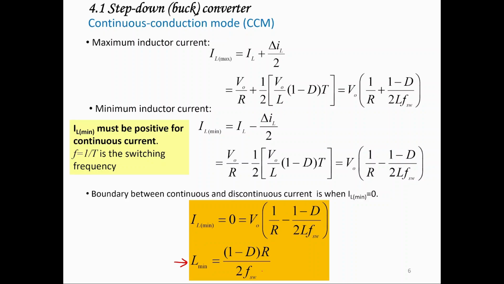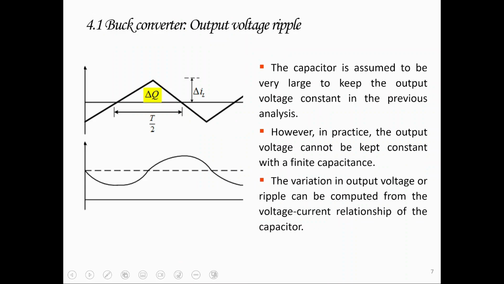Okay, next. In the buck converter, we have another passive component, which is the value of your capacitor, right? So now we are going to find the value for the capacitor. How to find the equation for the capacitor? First of all, we need to know what is the function of having a capacitor inside this DC to DC converter.